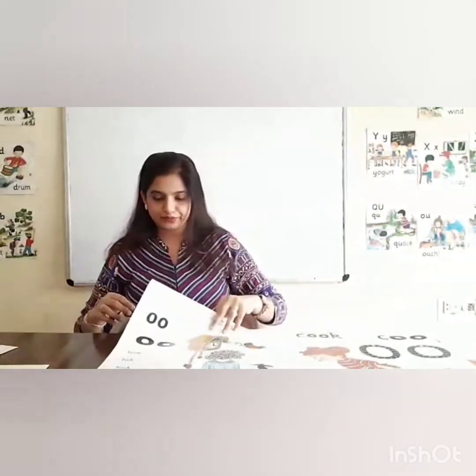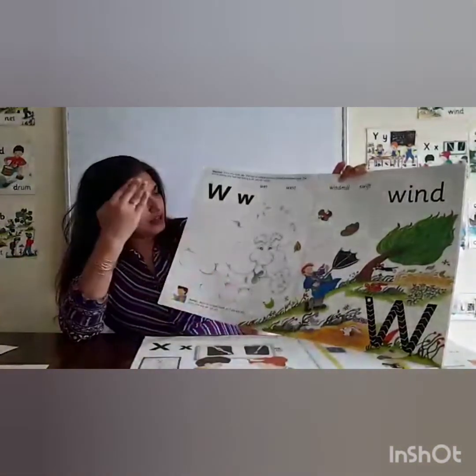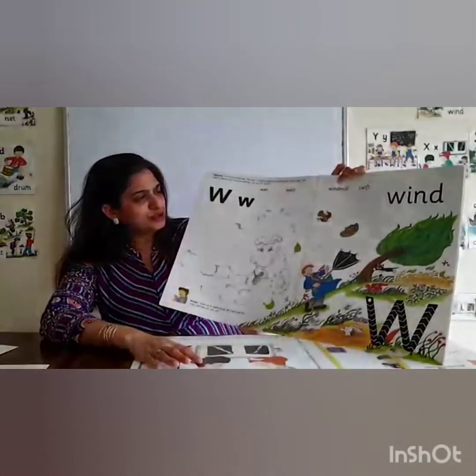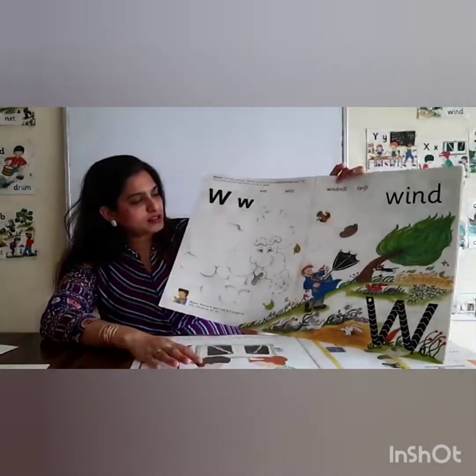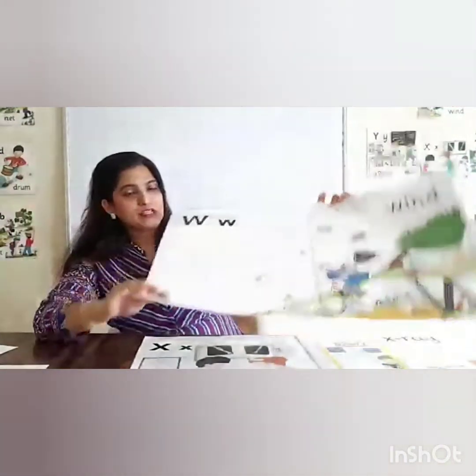Okay, it's W. Okay, so now a man is walking on a very windy day, okay, and it is so windy that his coat, his hat and his umbrella are flying off. And what sound is the wind making? Do you know?